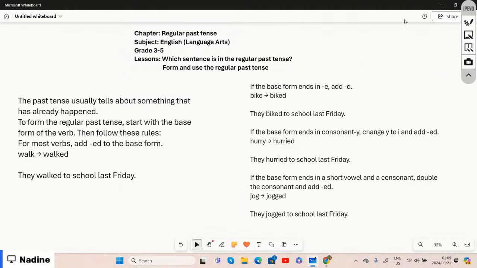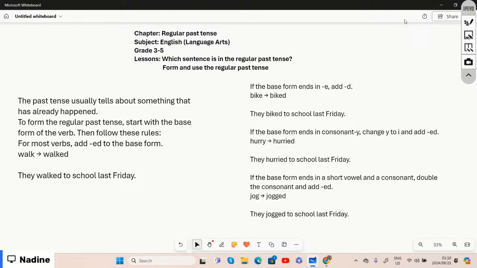All right. So when it comes to the regular past tense, the past tense usually tells about something that has happened already. And in order for us to form the regular past tense, we need to start with the base form of the verb. Then, after we have the base form of the verb, we follow these rules.